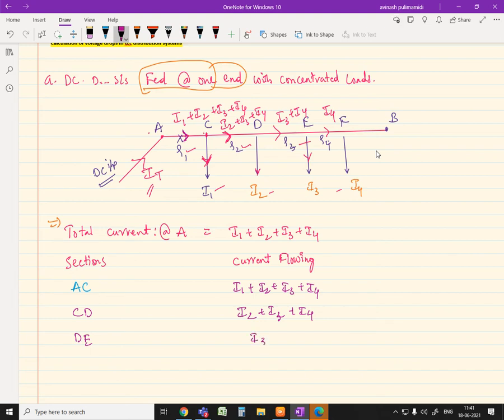Next is section EF. At EF, what is the current flowing here? Only I4. Hope you understood, right? These are the current equations. Let us take this as equation number 1.